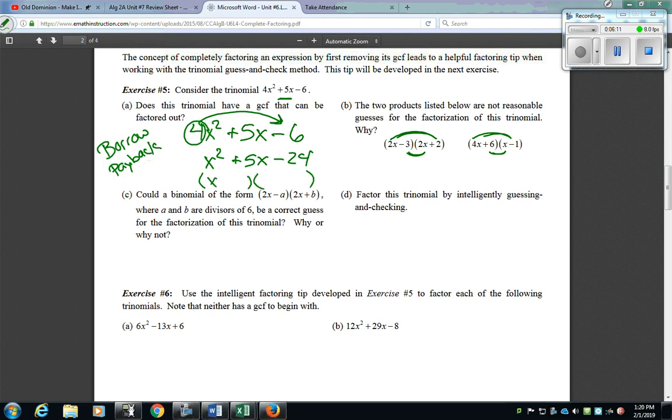And for this one, I can do x plus 8 and x minus 3. Now, I did have a 4 to start. So what I'm going to do right now is take 4 and put it in the front of each of the parentheses in front of the x.